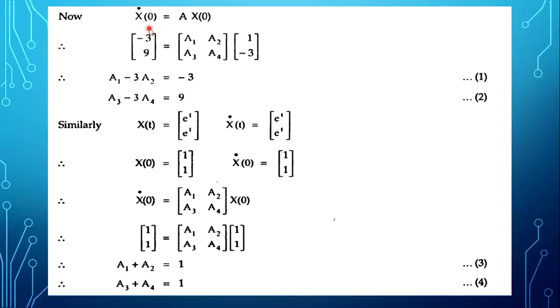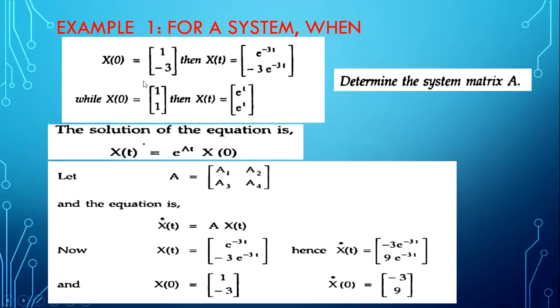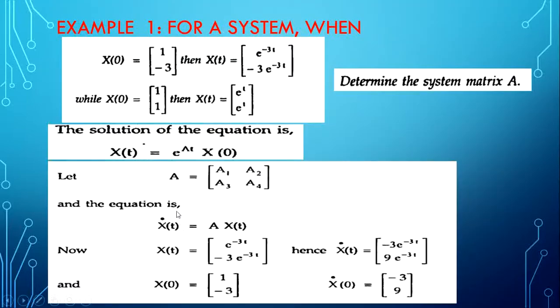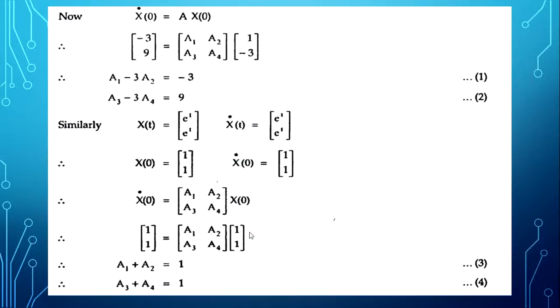So x dot of 0, from the previous step: x of t is e to the power At x of 0, and x dot of t is A x of t. Now we substitute t as 0, so x dot of 0 is A x of 0.